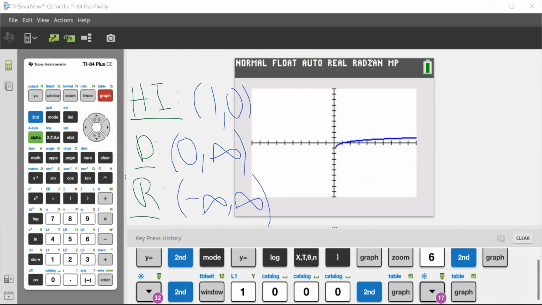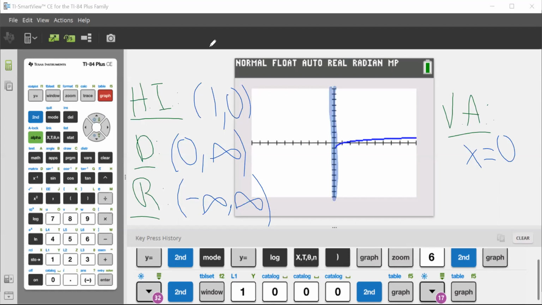And then for asymptotes, we just saw there were no horizontal asymptotes, but it did look like there was a vertical asymptote. In this case, that vertical asymptote is at x equals 0, because it's right there along that vertical axis.